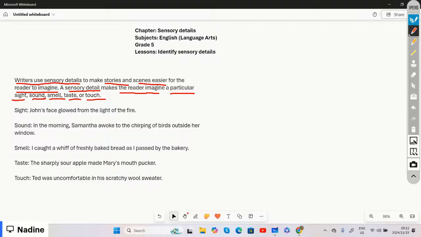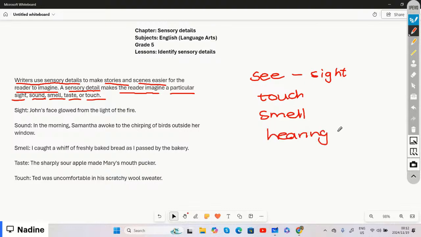Our five senses are your eyes, because you can see, for sight, it's touch, it's smell, it's hearing, which is sound, and then it is taste.